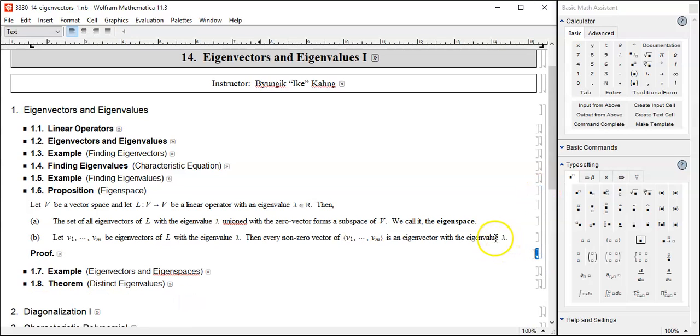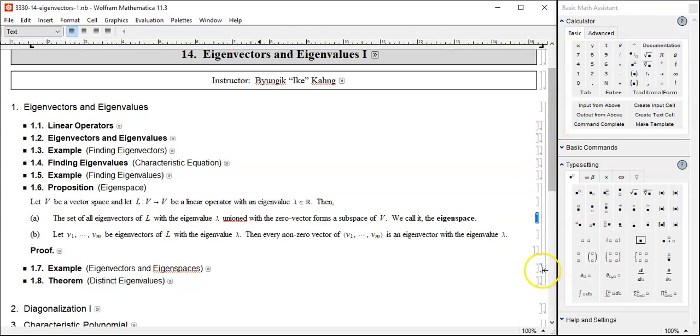That's going to be another expression of the eigenspace if you found all the eigenvectors. But the definition of eigenspace is actually the first one: the set of all eigenvectors associated with one eigenvalue, union with the zero vector.